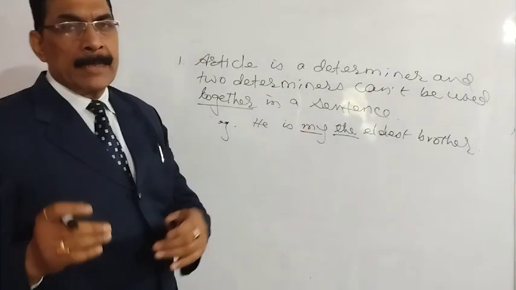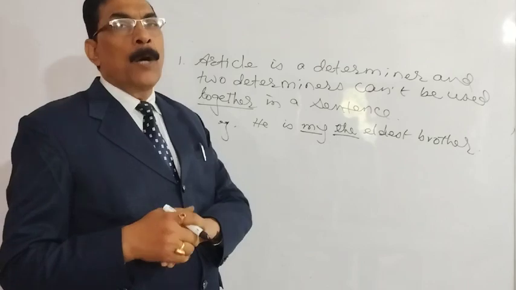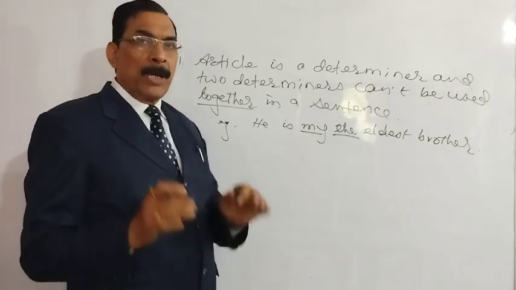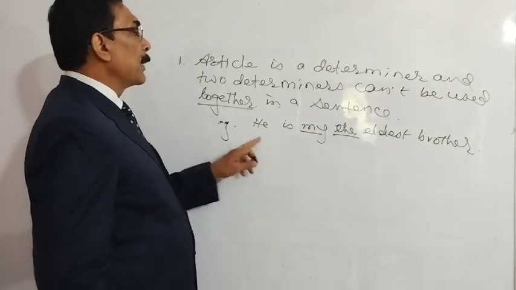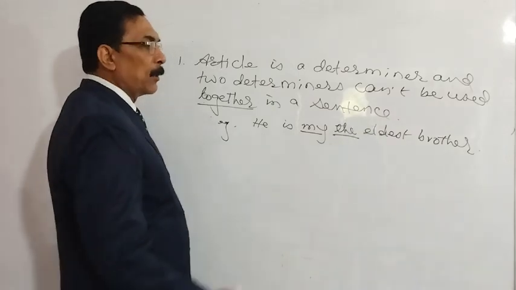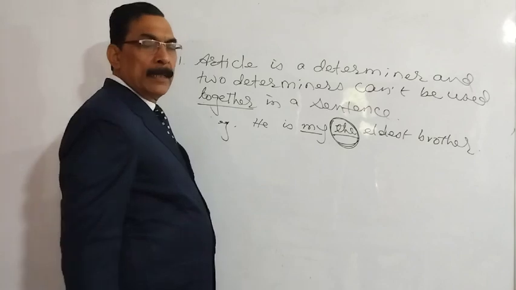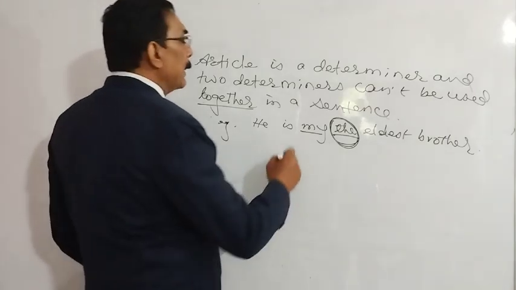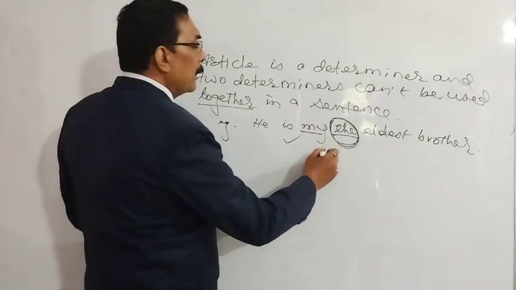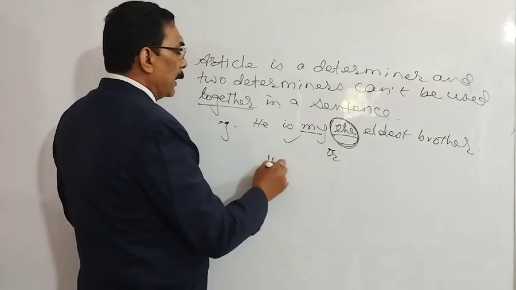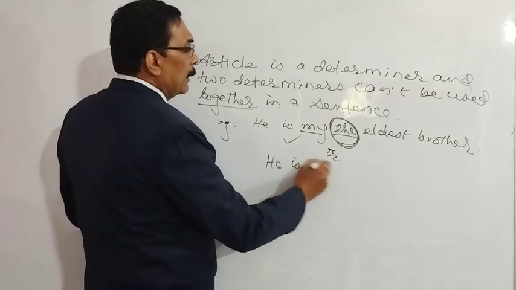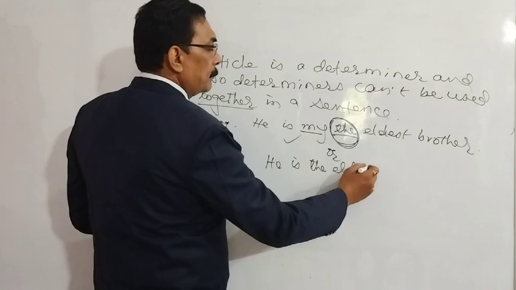So now the question arises, what are determiners? How can we come to know our determiners? So I want to make you write those all. So he is the eldest brother, the sentence is wrong. The is redundant here. This is unnecessary. So the sentence can be written in this way, that he is my eldest brother, or it can be written and spoken that he is the eldest brother.